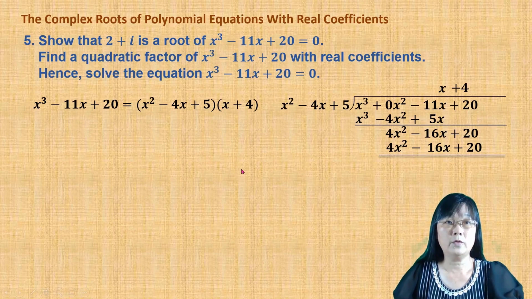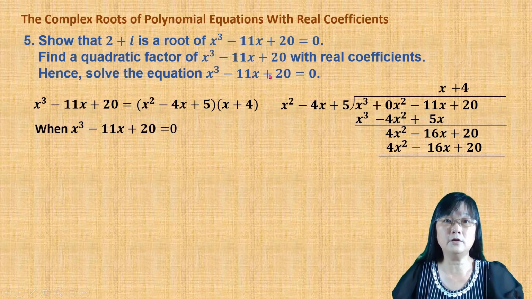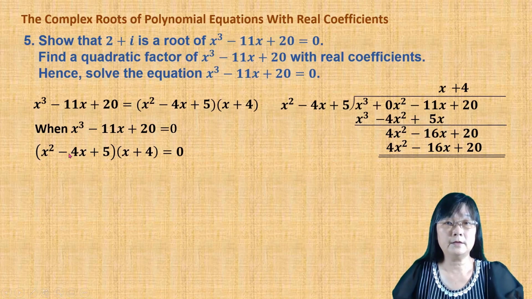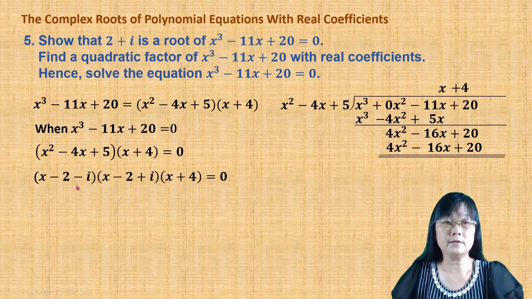So when we want to find the roots when the polynomial is equal to 0, we can replace the polynomial with the factors. And we know that the quadratic factor is the product of the two complex factors.